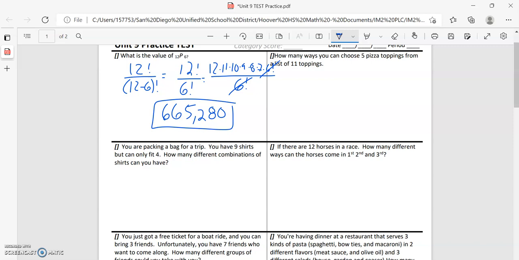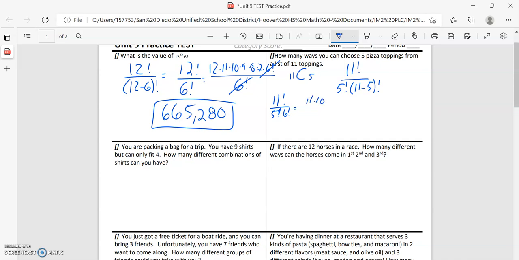So this is a combination problem. We could write it as 11C5. That's 11 factorial over 5 factorial in front, and then (11 minus 5) factorial. The bottom will end up being 5 factorial times 6 factorial.